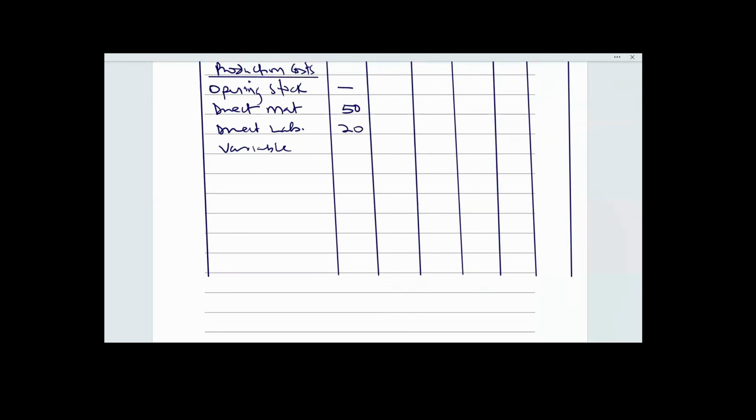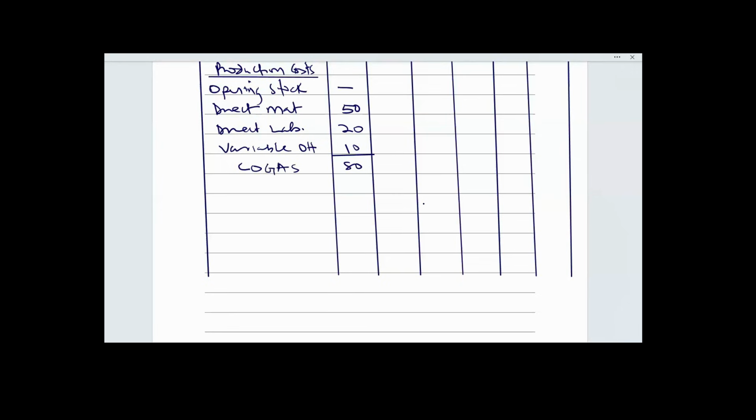Variable overhead: 10. So remember, when you are using marginal costing approach, fixed production overhead is not part of production cost. So we are not going to include fixed production overhead as part of our production cost. So here will be equal to 80,000. This represents cost of goods available for sales.